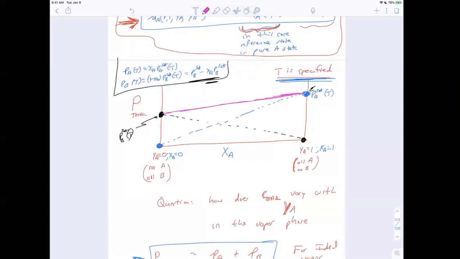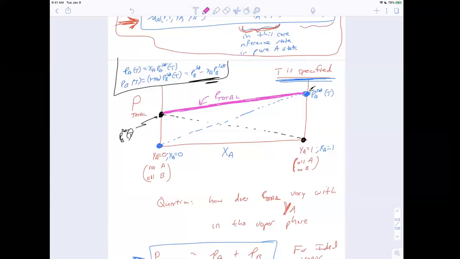And this is the total pressure. So this is the curve that gives us the total pressure in the system as a function of the mole fraction of A in the liquid. So this guy is P total right here. As you see, it's a nice straight line, and that's always good when things come out linear.